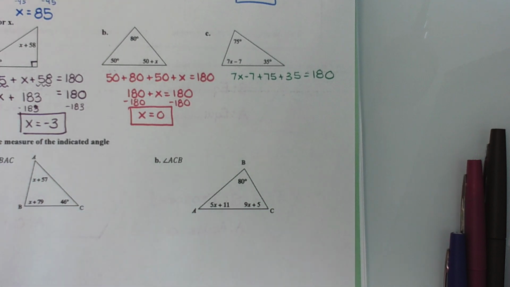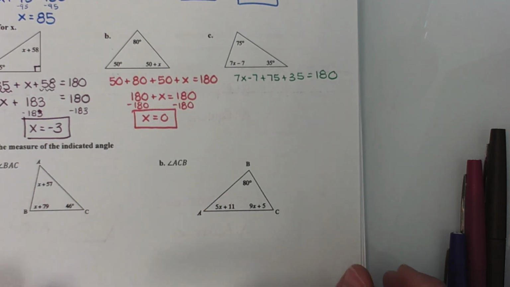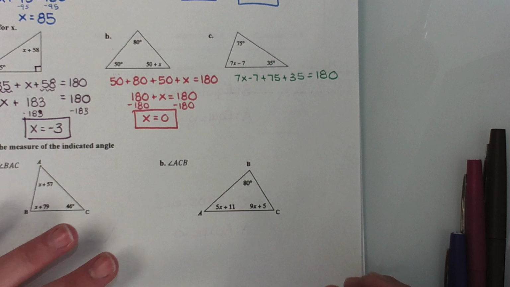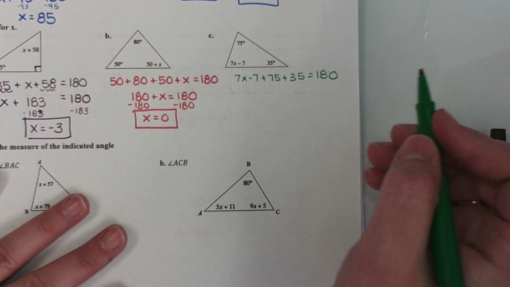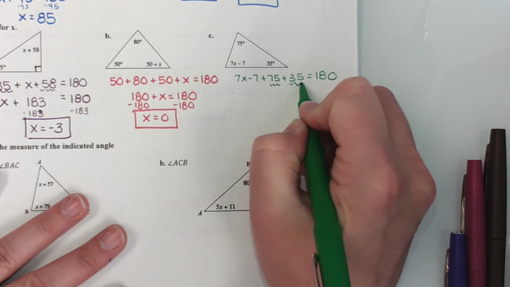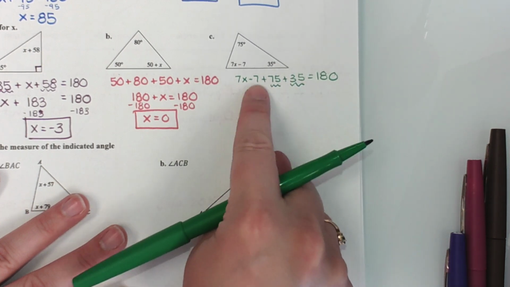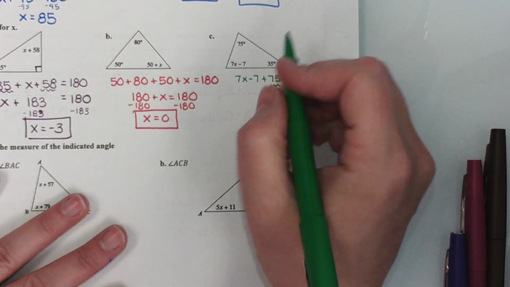When I combine my like terms, what do I get? That's a lot of numbers. Okay, which ones are going together? Let's start there. 7, 75, and 35. The other 7, the negative 1.